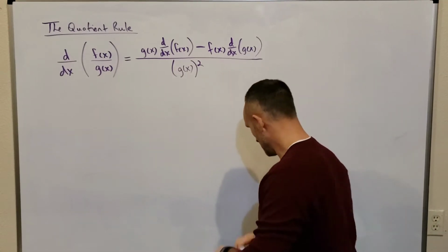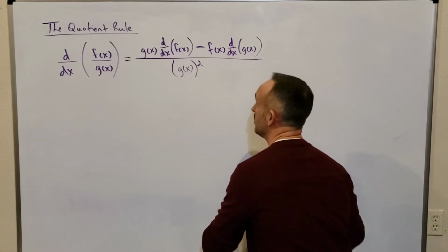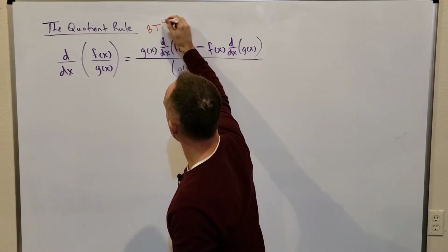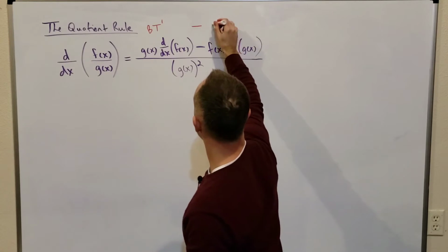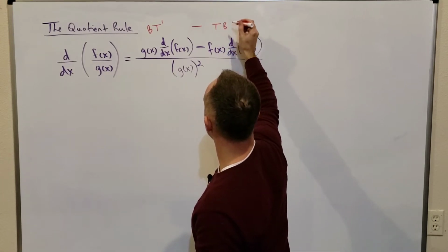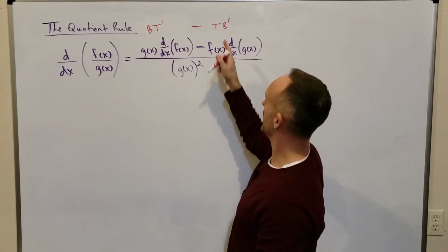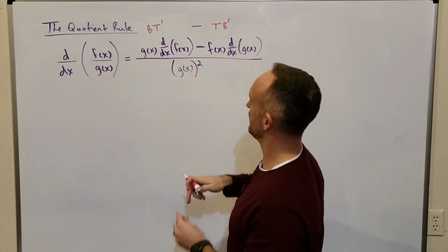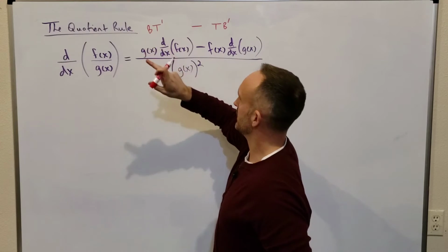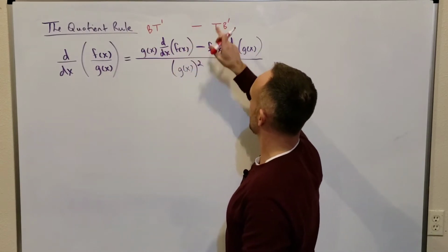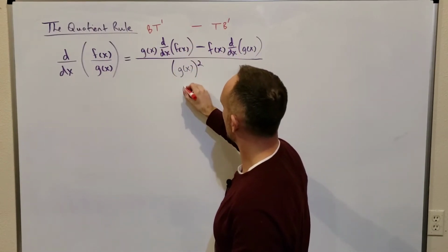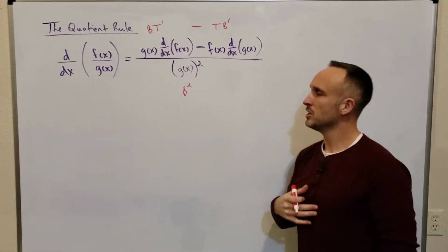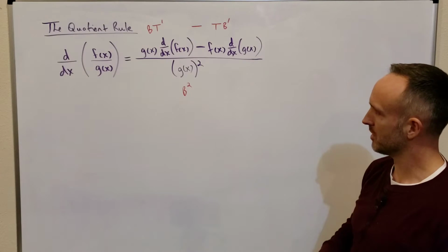So again, we've got the bottom times the derivative of the top minus the top times the derivative of the bottom. This is t prime for derivative and b prime for derivative. So bottom times the derivative of the top minus top times derivative of the bottom over the bottom squared, okay? That's typically how you might want to recite that to yourself.